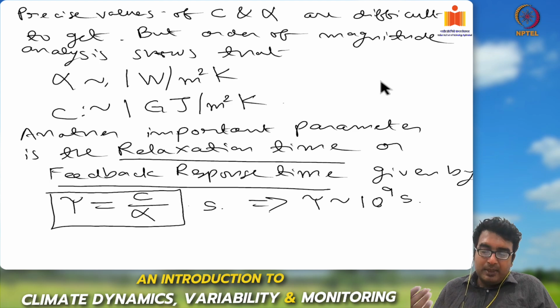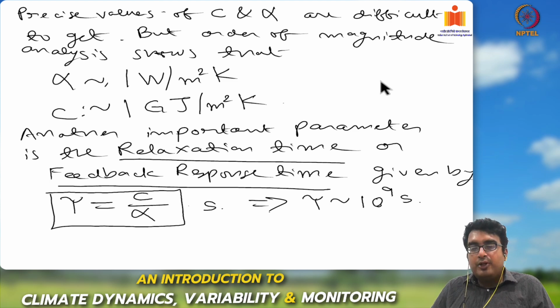We will develop the idea of how to get alpha further as we go along during the next few lectures. And the heat capacity is around 70% of the oceanic mixed layer heat capacity, because 70% of the planet's surface is covered with oceans. So that is 1 gigajoule per meter square Kelvin.